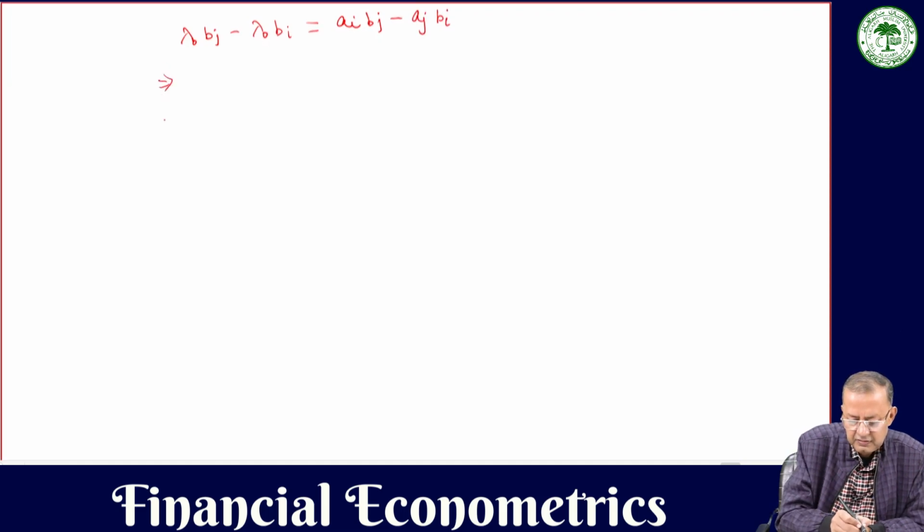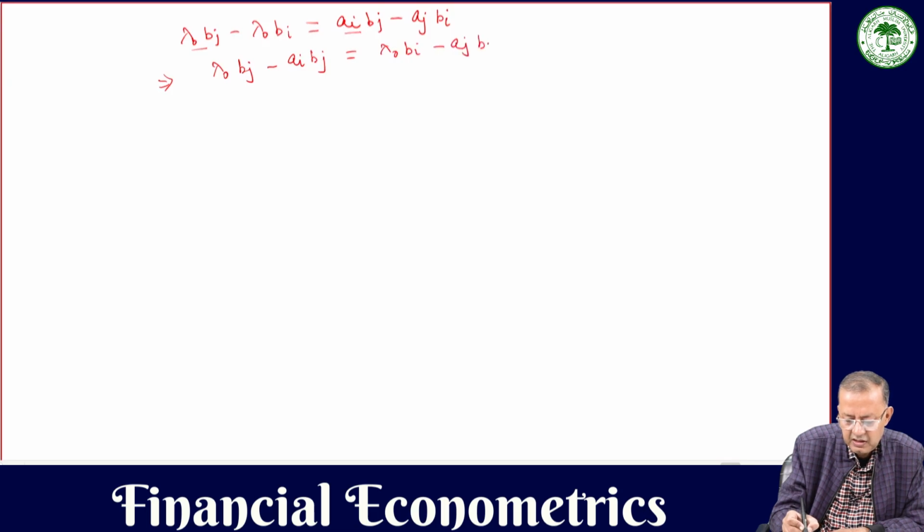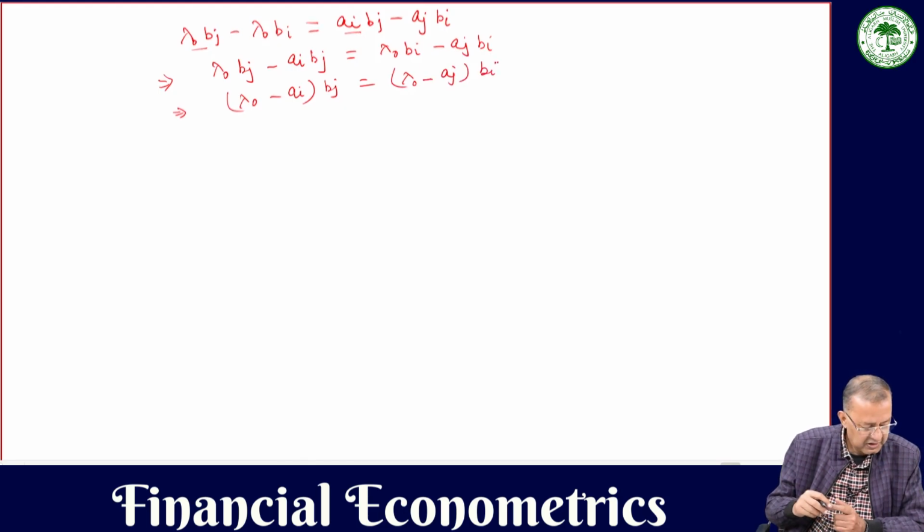Now from here we take BJ on one side: lambda 0 BJ minus AIBJ is equal to lambda 0 BI minus AJBI. This is equal to lambda 0 minus AI into BJ, which is equal to lambda 0 minus AJ into BI.